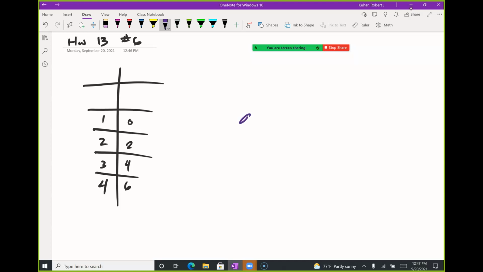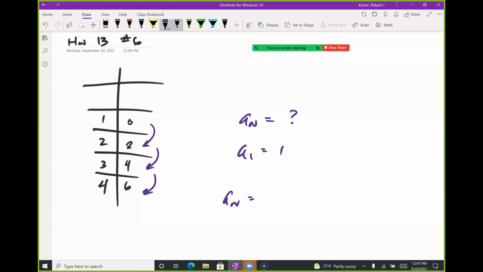So here a sub n is in question, but a sub 1 is 1. And what am I adding every time? Can you see what I'm adding every time? I'm adding 2, correct? So a sub n, oh, that's where I made my mistake on the other one.